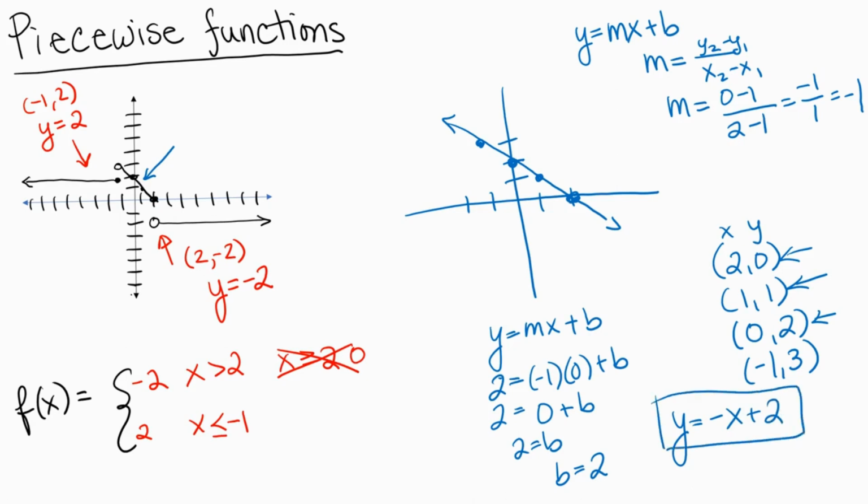All right, so we know what our equation is, -x plus 2, and to figure out where this is going to be applicable, we need to look at the starting and ending point. The starting point is right there, which is 2, 0, and it has a closed circle. And the ending point is -1, 3, and it has an open circle.